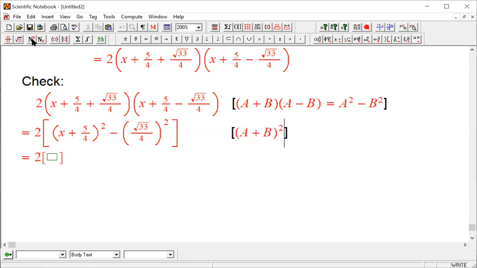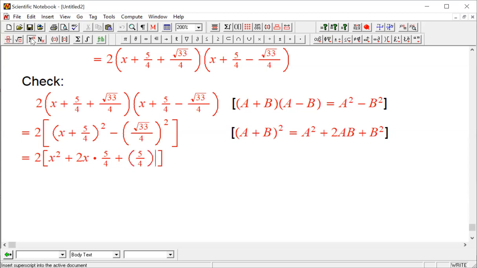We can use the special formula, a squared plus 2ab plus b squared. So that will give us x squared plus 2 times x times 5/4 plus 5/4 squared.